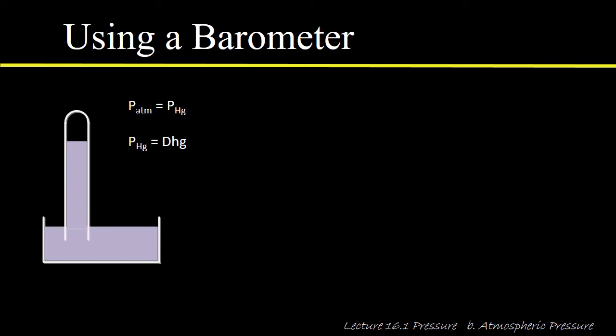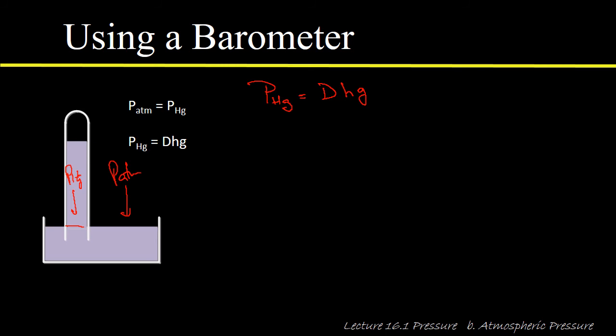All right, so what we just decided is that the atmospheric pressure is equal to the pressure of the mercury column over here. That's equal to the atmospheric pressure over here. And while we can't use our handy-dandy equation for calculating atmospheric pressure, we can use that for calculating the pressure of the mercury column. So the pressure of this mercury column is just going to be the density times the height times g.